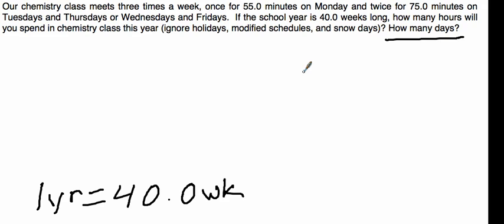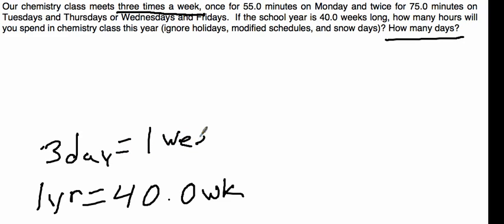They're talking about how many overall days. And we do have something else, though. It may have slipped our mind, but our chemistry class meets 3 times a week. So that might be useful. I'm going to say 3 days a week. We meet 3 days a week, and there's 40 school weeks in a year.